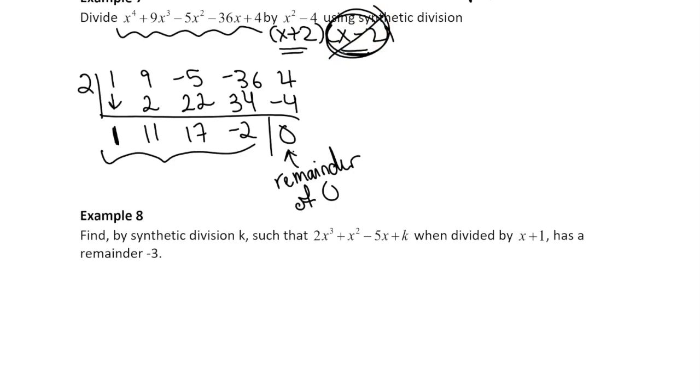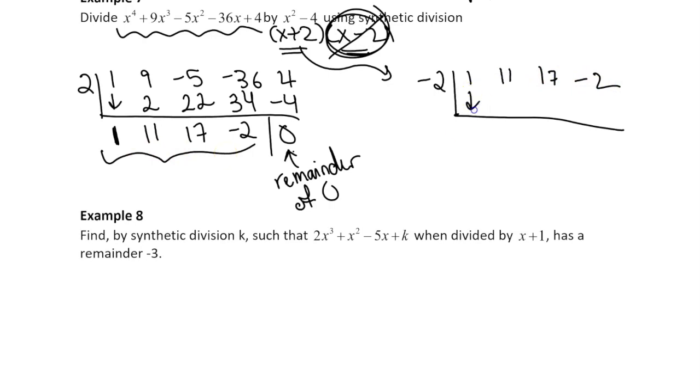And now we have to just use the second factor, the x plus 2. To use the x plus 2, we would now put our negative 2 here, and you'd say, well, what are we left over with? We're left over with a 1, 11, 17, and negative 2. This is our leftovers.